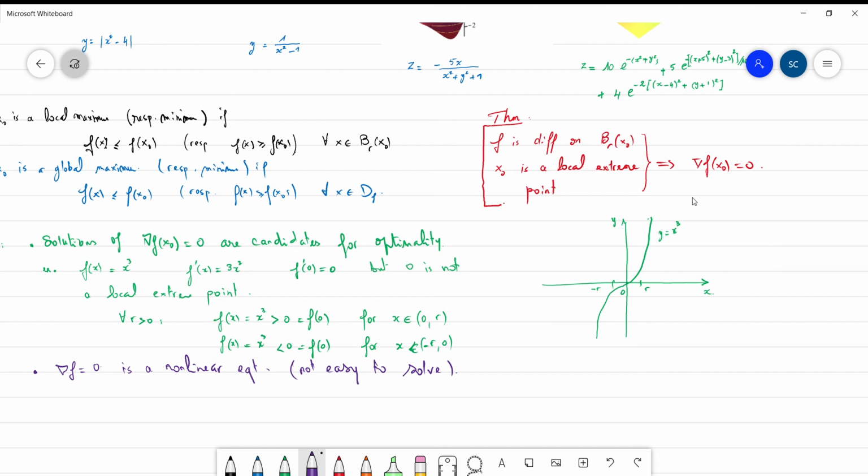Yes. So in this theorem, we used the assumption of differentiability. This is another remark.